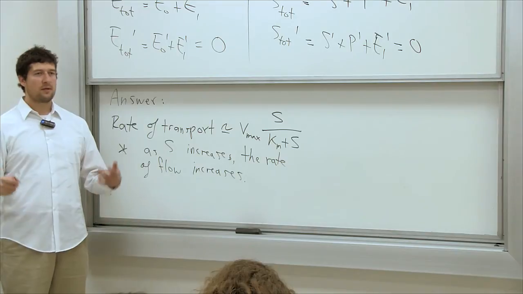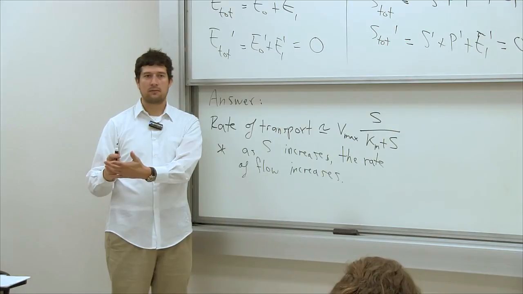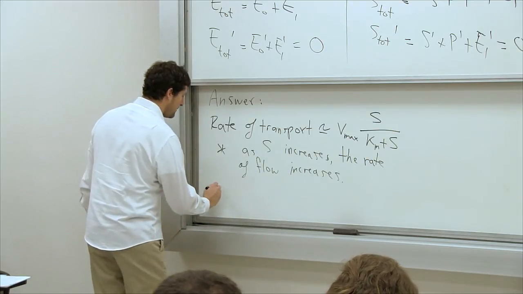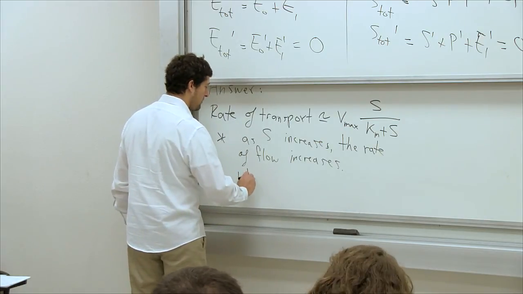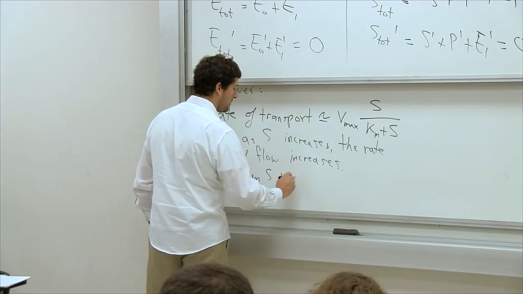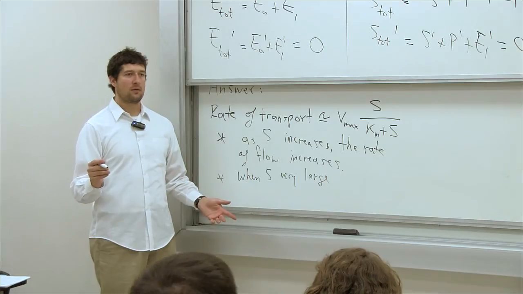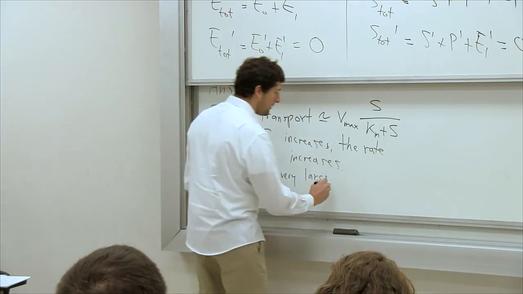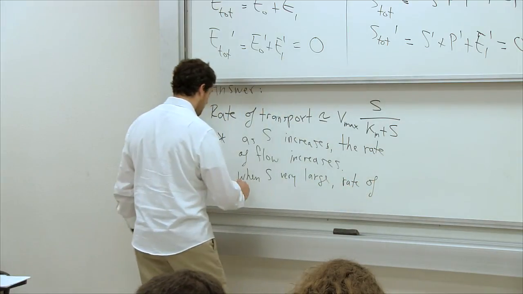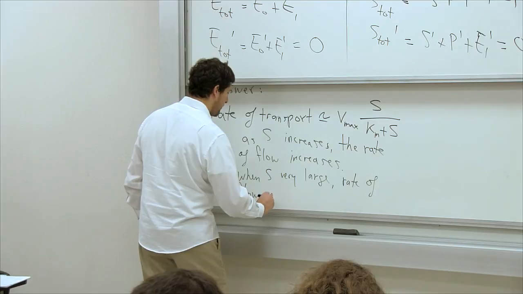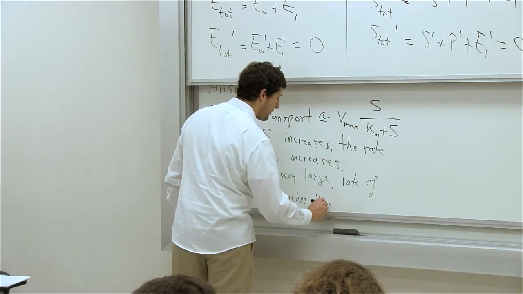Does that make sense? The more food there is outside, the faster the food is flowing into the cell, right? But what happens when S is very large? Does the rate of flow go up to infinity? Exactly. The rate of flow approaches Vmax.